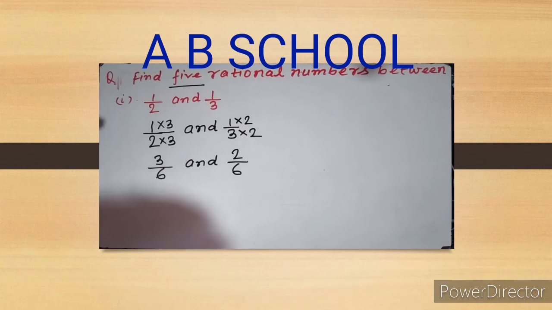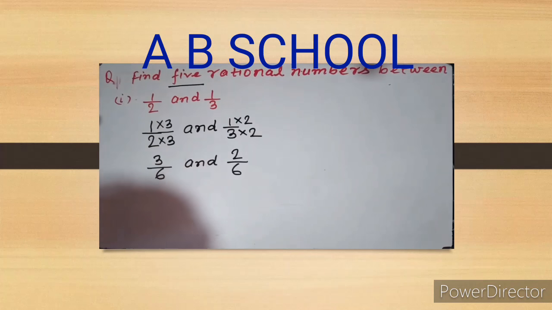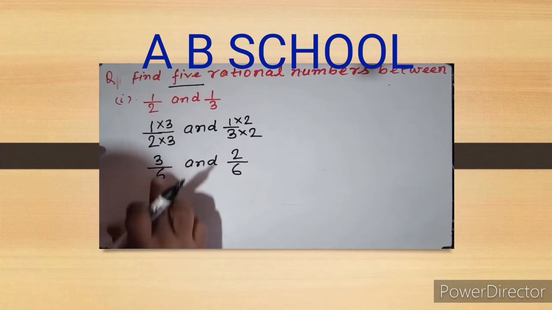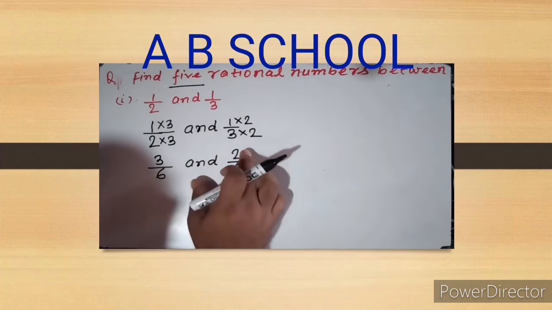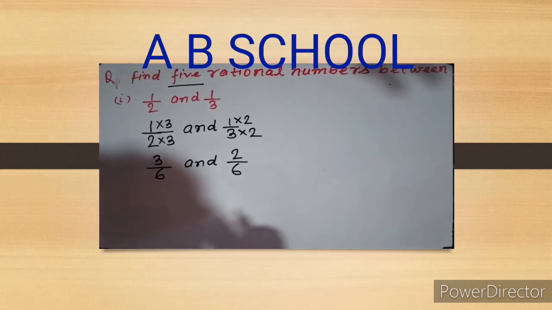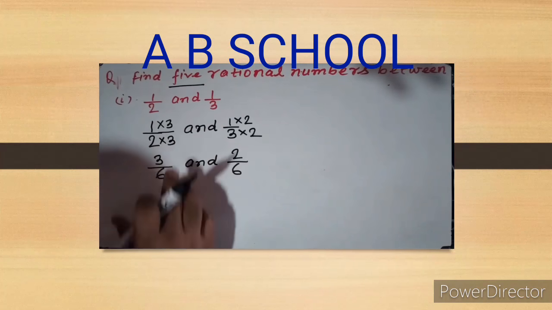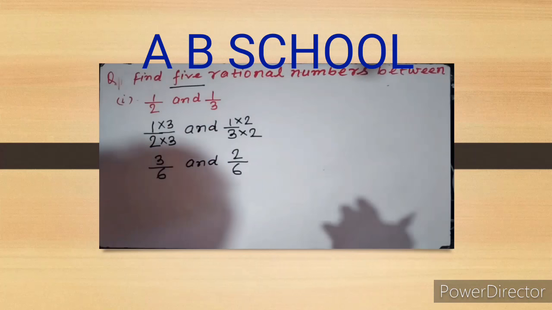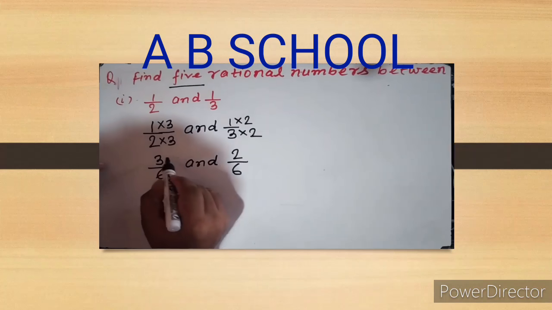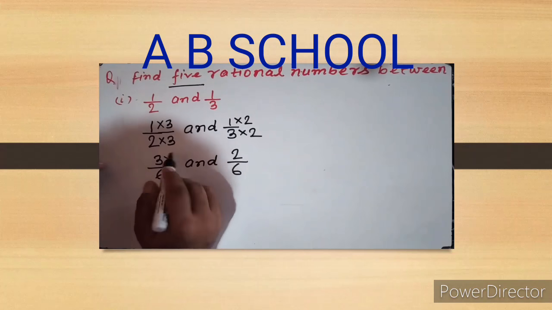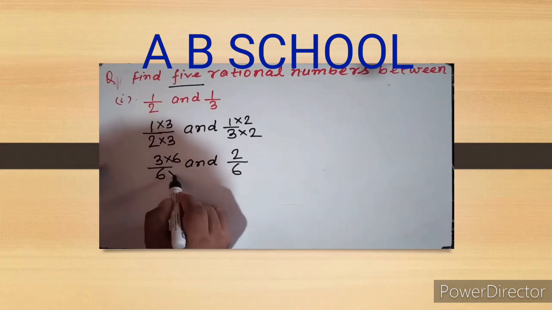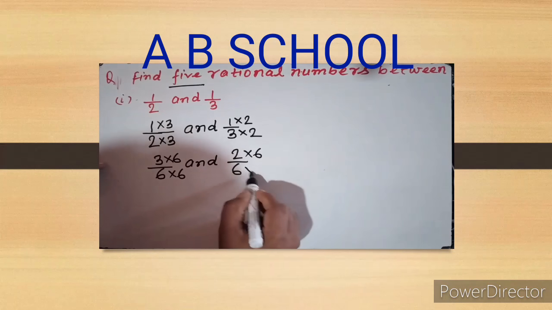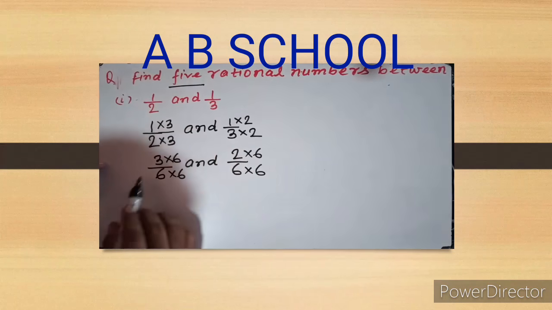If in the question it is to find 4 rational numbers, then you will multiply the numerator and denominator of both rational numbers by 5. Here you have to find 5 rational numbers. So ahead of 5 is what? 6. So you will multiply this numerator and denominator by what? By 6. This one also by 6. This one also by 6.